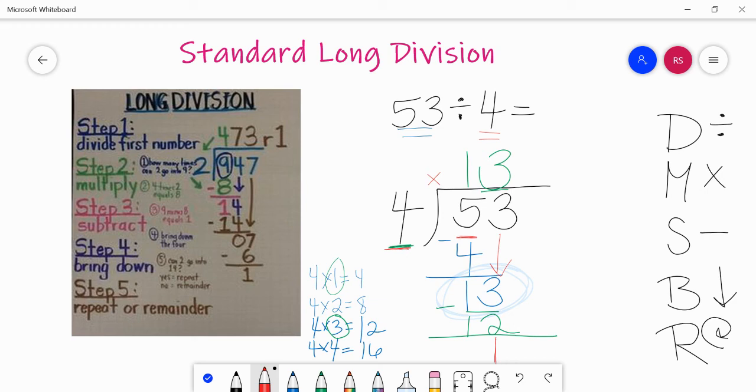All we do to represent the remainder is write right next to our answer, right next to our quotient, R, standing for remainder, 1.